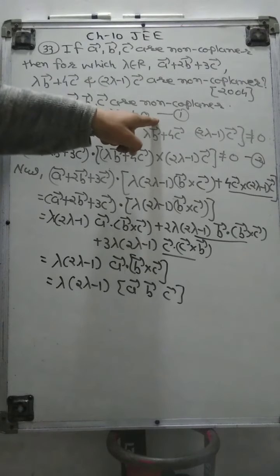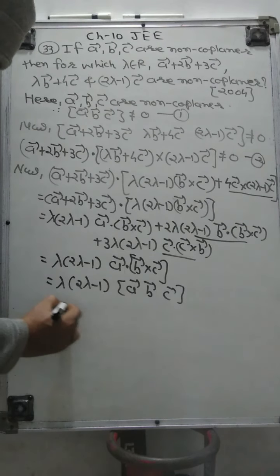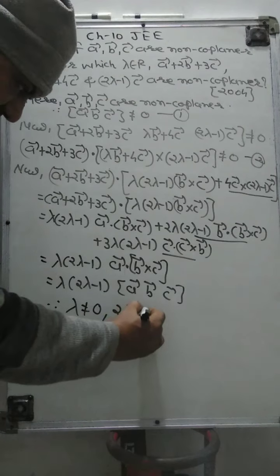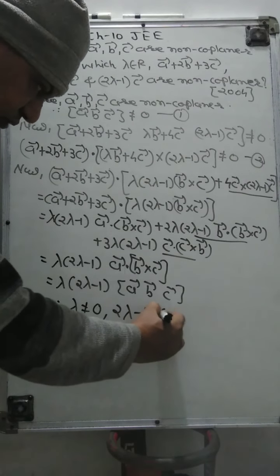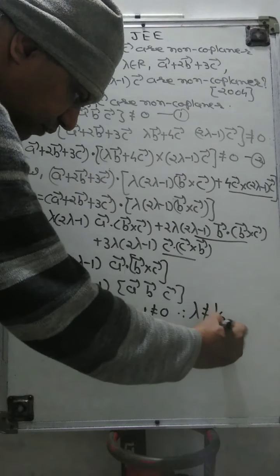But according to result 1, this is not equal to 0, and lambda is not equal to 0 and 2 lambda minus 1 is not equal to 0. It means lambda is not equal to 1 by 2.